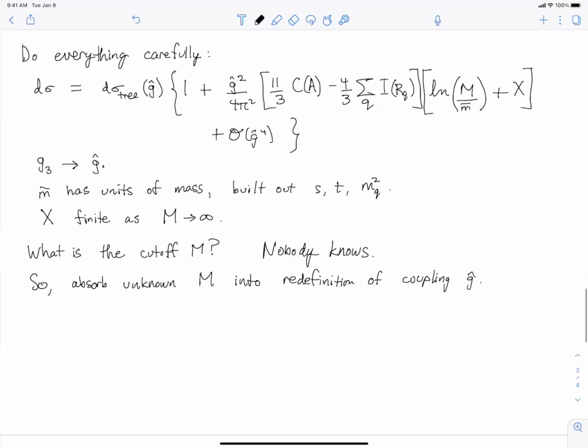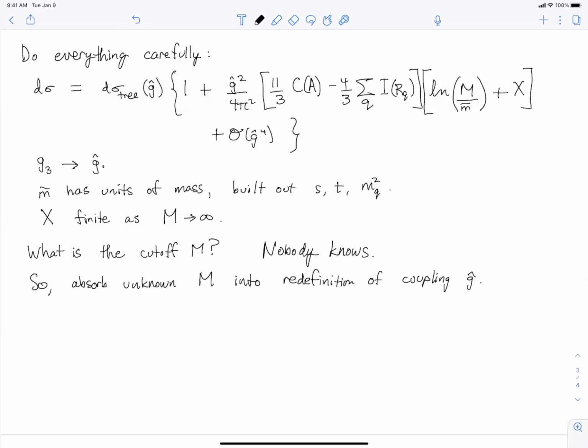Is there theoretically a way that we could know what M is if we could probe a high enough energy scale, or is it just impossible to even grasp? Well, you can imagine we probe some very high energy scale and we discover some new particle or some new phenomena at very high energies, and we say, aha, that's what changes the behavior of the momenta in the integrals.